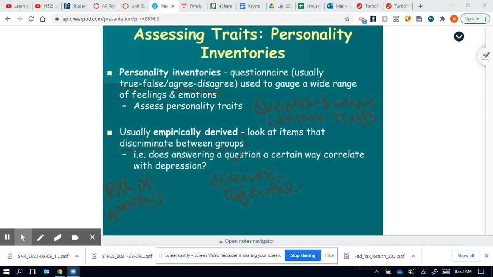Because this is looking at differences in individuals, they ask how people with depression answer this question versus people who don't have depression. By empirically deriving it, by looking at that correlation, it gives a scientific measure to it.